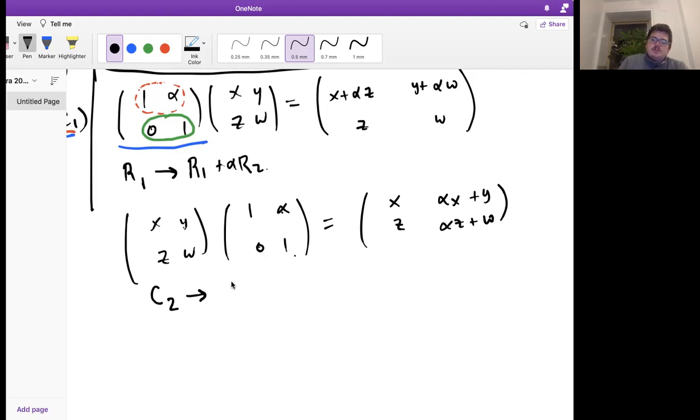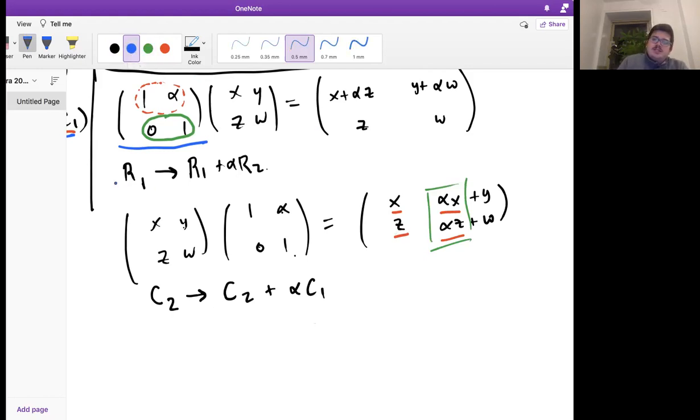For type 3s, the column stays the same, then you're adding something. So what are you adding? Yeah, you're adding alpha C1. Notice that this part here is alpha times the first column.